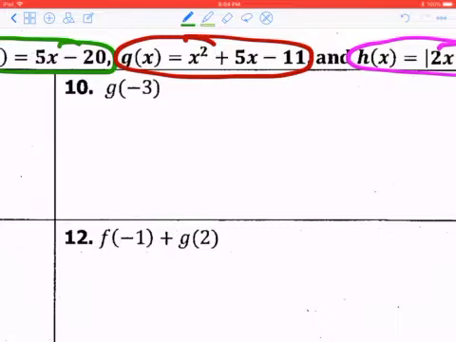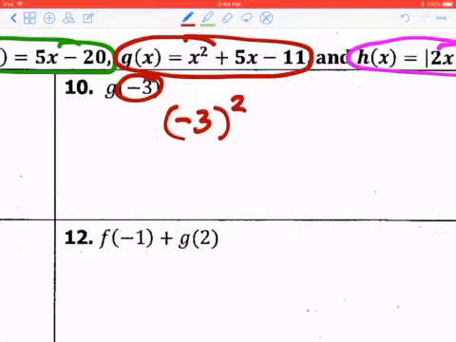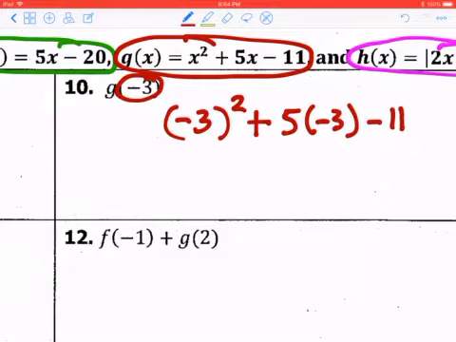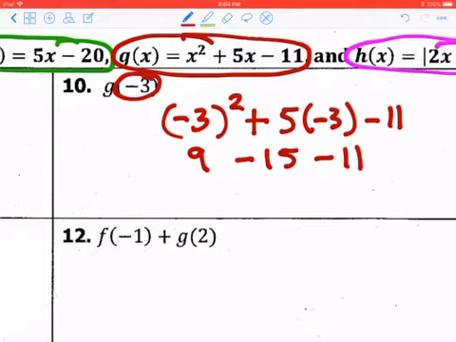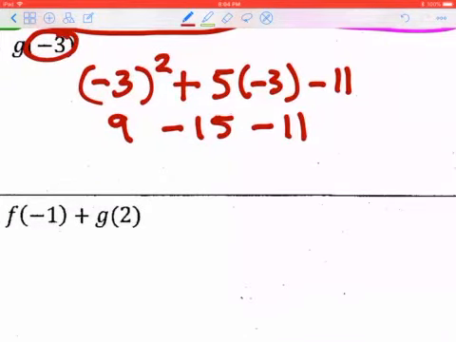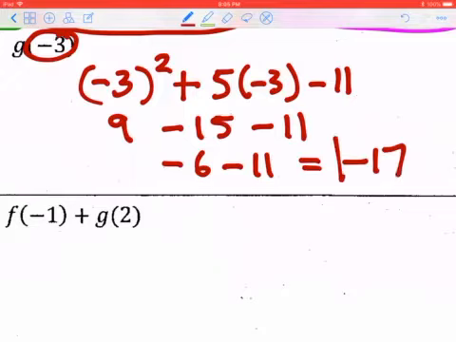Number 10, we would use g of x, which is x squared plus 5x minus 11, and we will substitute -3 for x. So -3 squared plus 5 times -3 minus 11. -3 squared is 9. 5 times -3 is -15, and minus 11. 9 minus 15 is -6, minus 11 is -17.